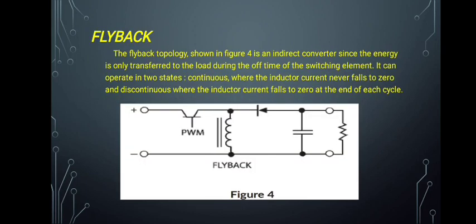The flyback topology, shown in Figure 4, is an indirect converter since the energy is only transferred to the load during the off time of the switching element. It can operate in two states: continuous, where the inductor current never falls to zero, and discontinuous, where the inductor current falls to zero at the end of each cycle.